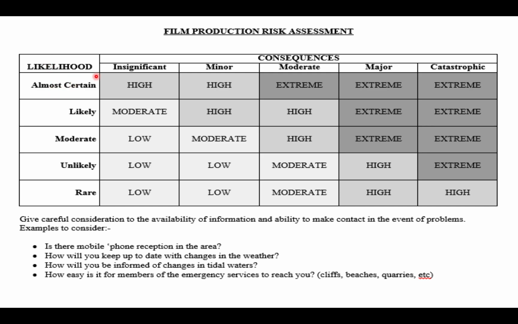Is it almost certain? Is it likely? Is it maybe a little bit likely, but moderately all right? Is it very unlikely, or is it rare? For me, I think it's likely. Okay, because I think when we're doing work and stuff like that, we can be easily distracted and not notice. So likely is where I'd put it.